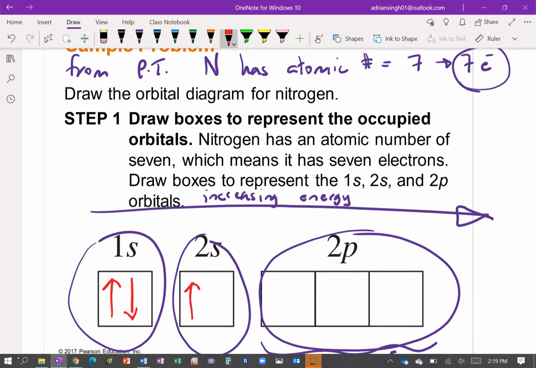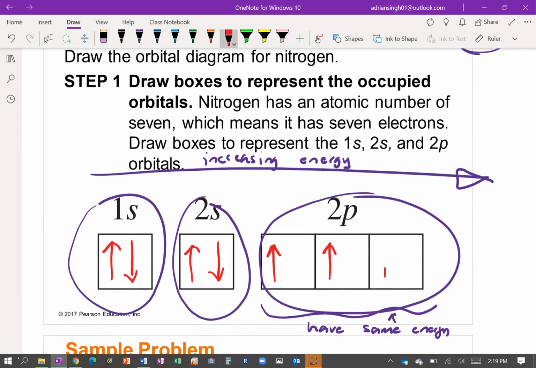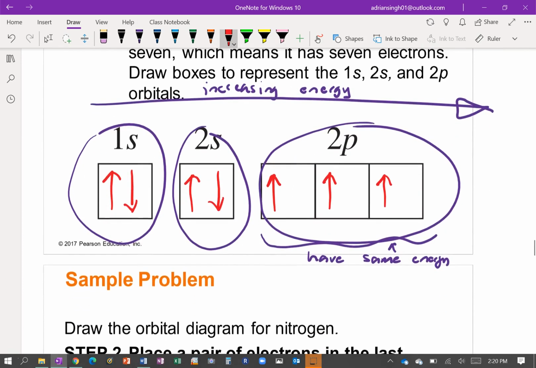Third electron goes in, fourth electron pairs up. Fifth electron goes into the 2p. Sixth electron doesn't pair up, fills in that second p orbital, and then the 7th electron goes into that third p orbital as well. So we add them up. We have 1, 2, 3, 4, 5, 6, 7.